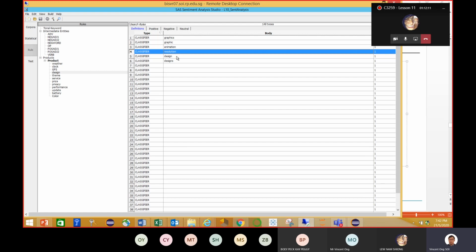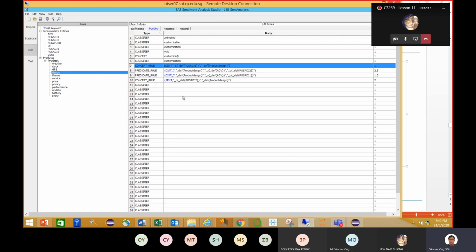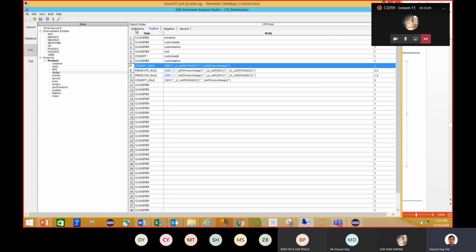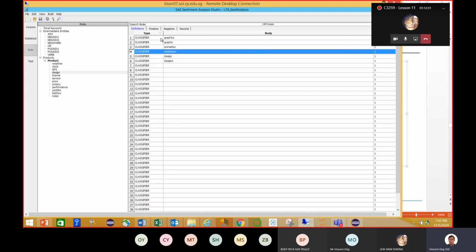So supposing in a sentence, and here it means the same sentence, let's look at this example. Any words that appear in the product design, which is some of these words, say the word animation appears, then I know that it refers to design.